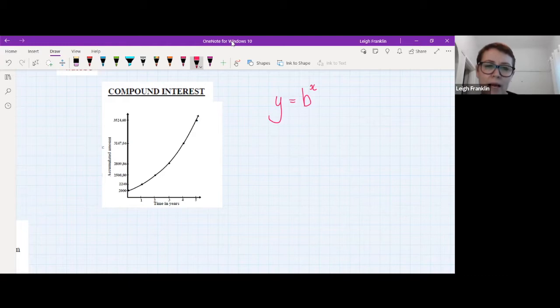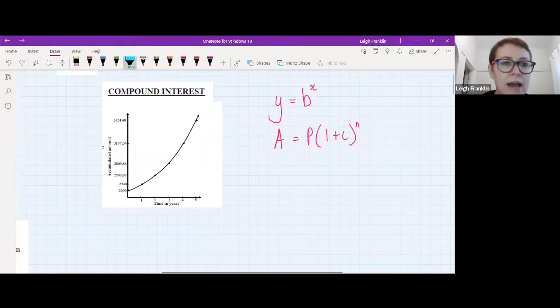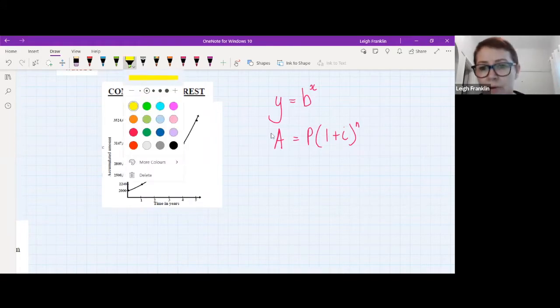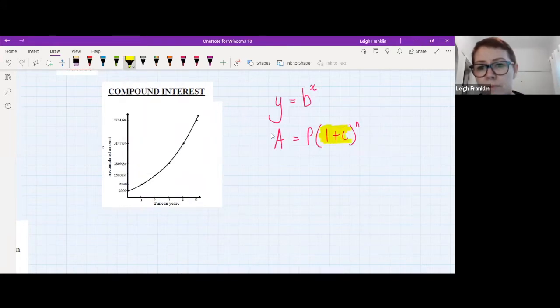Now when it comes to compound interest, we've got A equals P(1 plus i) to the power of n. This bracket over here that I am coloring in yellow is your base.